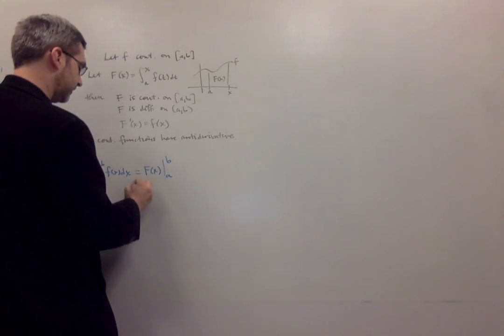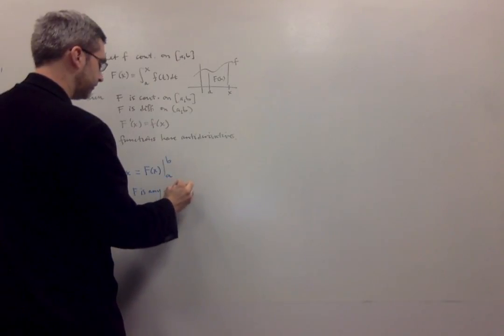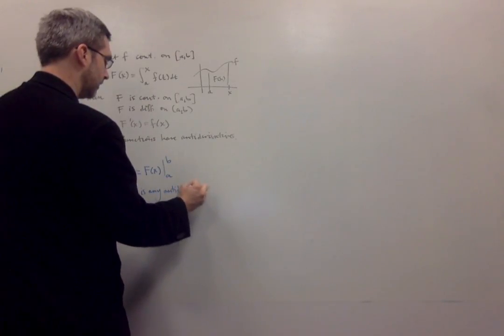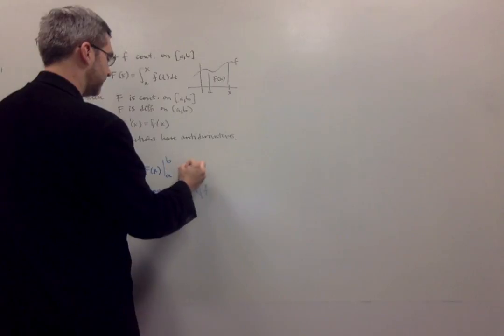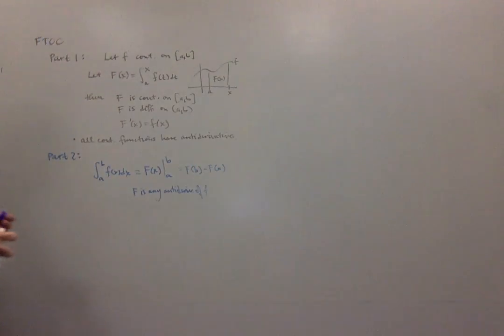So capital F is any antiderivative of little f, and you just take capital F of the upper limit minus capital F of the lower limit. So you find an antiderivative and plug in points.